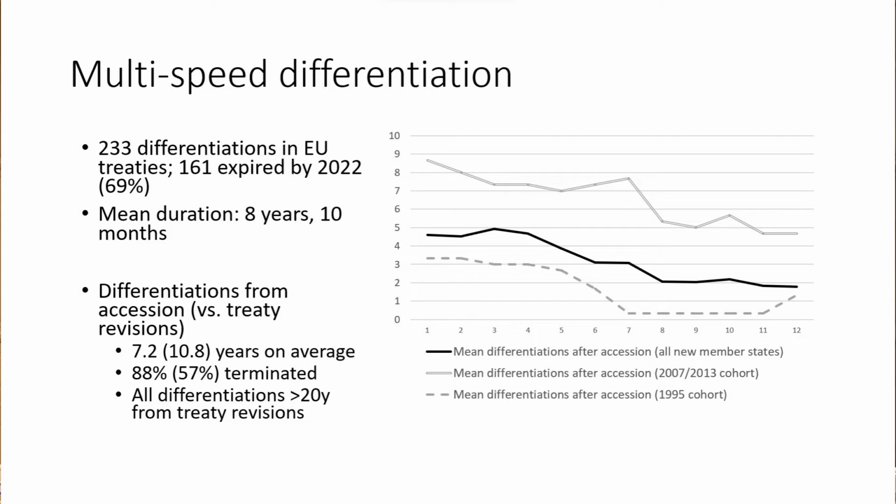And what you see is that this black line, during the first years of membership, this number of differentiations goes down rather quickly. So after 7-8 years, which is the average duration, new member states are basically on a stable path that's quite similar to the old member states.